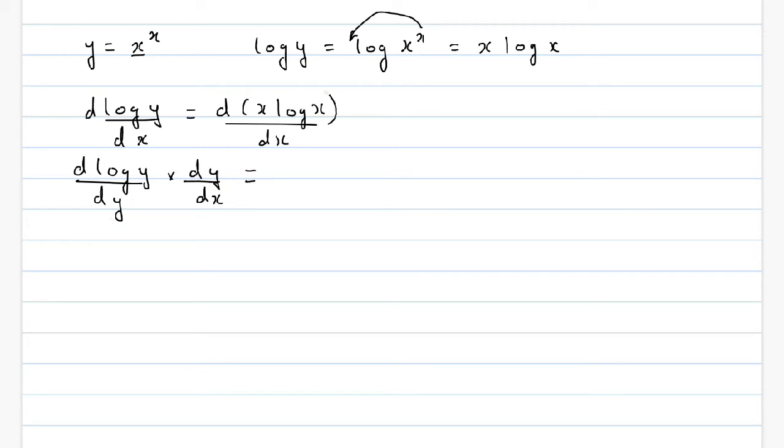Now on the right hand side, I just have multiplication of two functions of x. So we'll use our multiplication rule. For multiplication rule, we'll take our second constant, that is our log x, and differentiate our x with respect to x, then plus we will have differentiation of log keeping x constant.